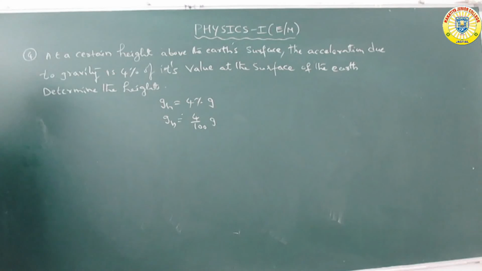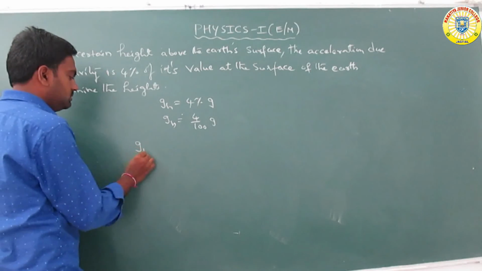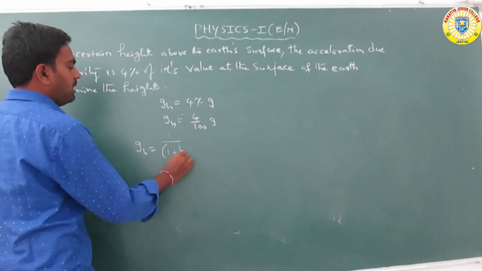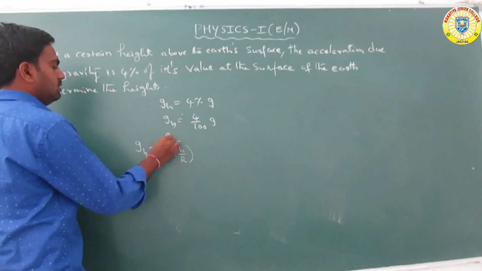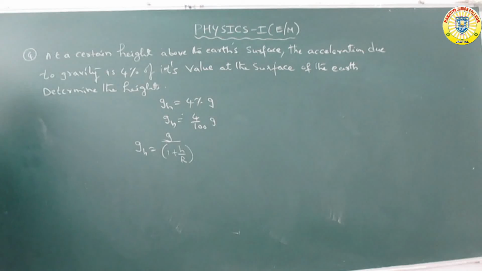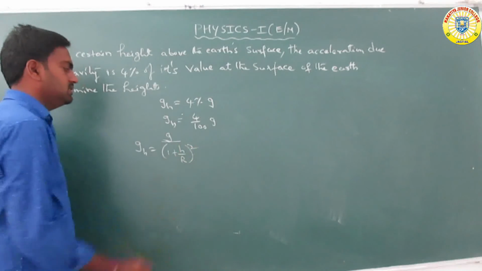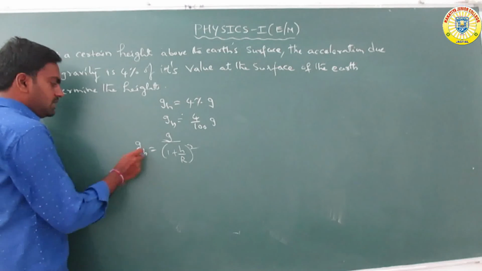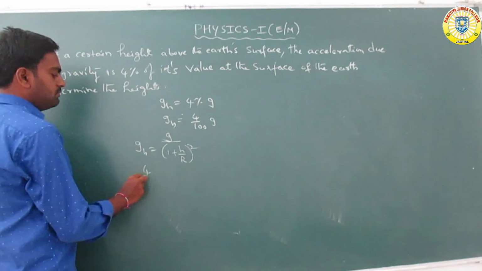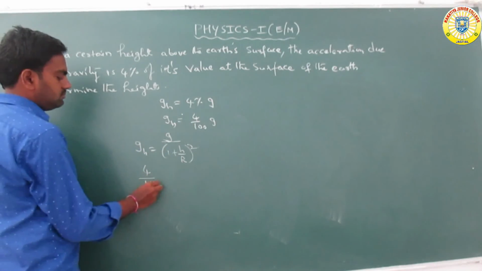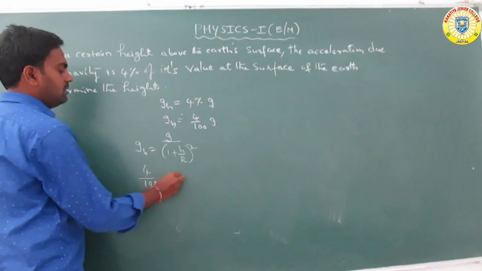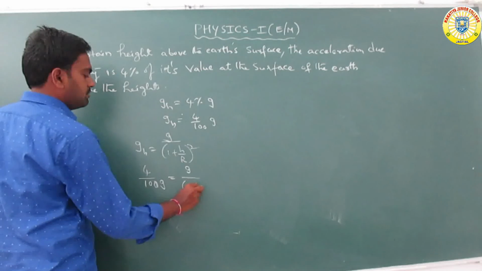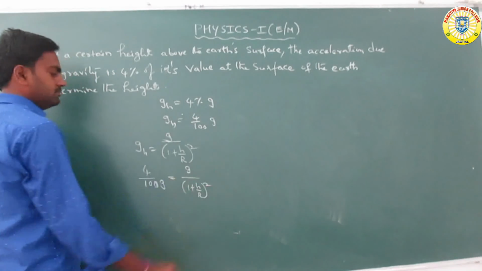The formula for Gh above the surface of the earth is G by (1 plus H by R) whole square. So with Gh given, 4 by 100 into G is equal to G by (1 plus H by R) whole square.